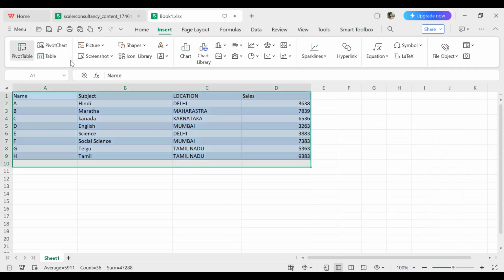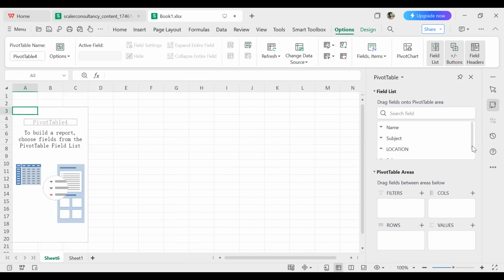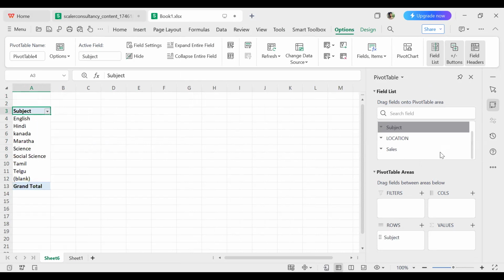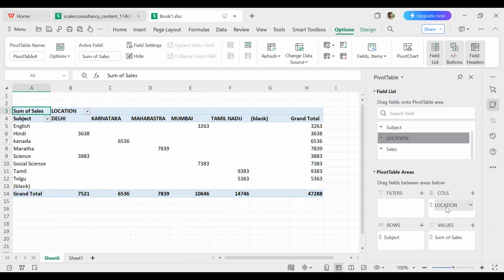So that's why you use the pivot table. Just click on the pivot table, and you can have a new worksheet, and you can simply put the subject, and the values is sales, and the column you can have with location.